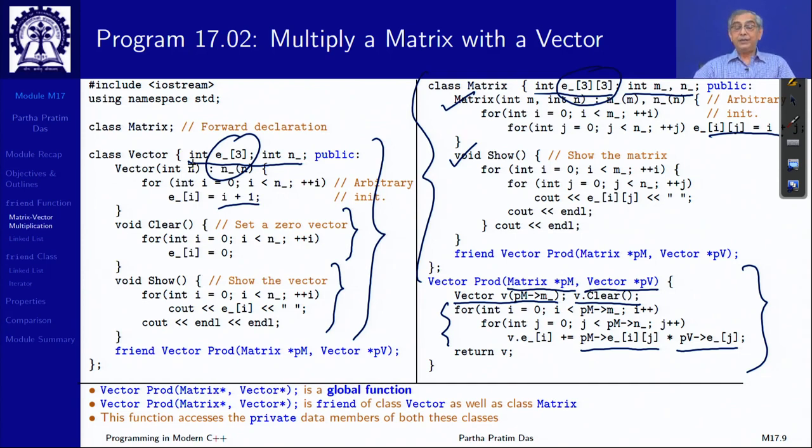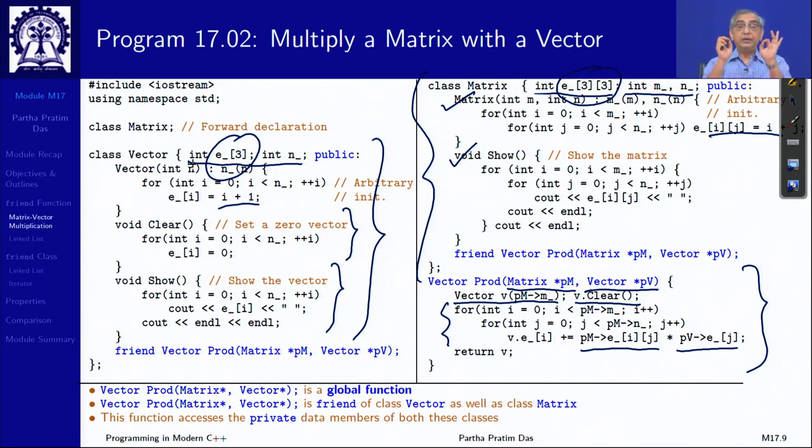So, the question is, now it needs to access the private members of vector as well as private members of matrix to be able to do the multiplication. Now, which means that this will have to be a member function. Now, member function of which one? For matrix, then it does not work for vector. For vector, then it does not work for matrix.